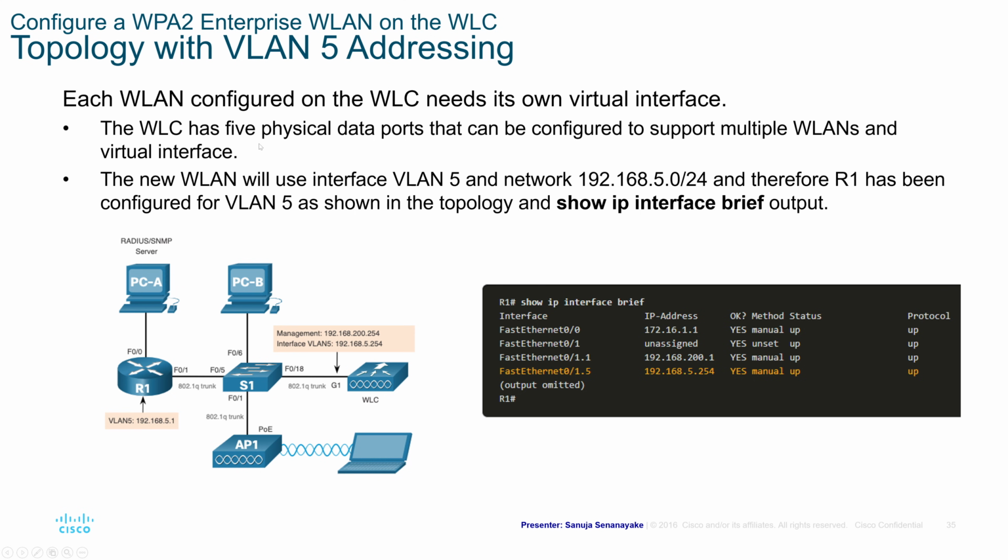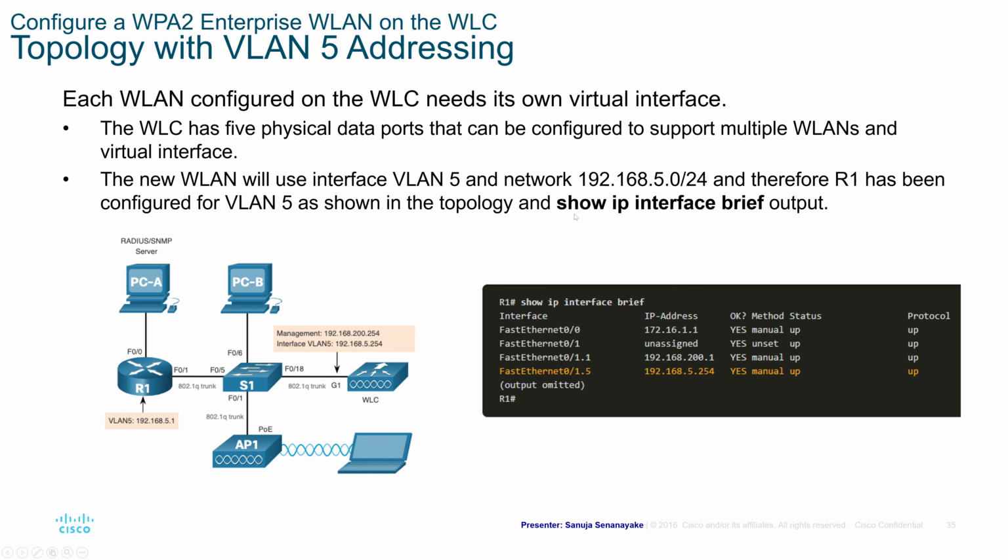So the WLC has 5 physical data ports that can be configured to support multiple WLANs on the virtual interface. The new WLAN will use the interface WLAN 5 and network 192.168.5.0/24, and therefore R1 has been configured for WLAN 5 as shown in the topology here.